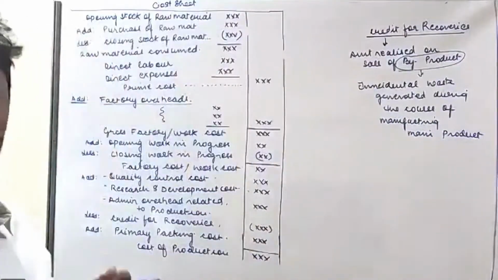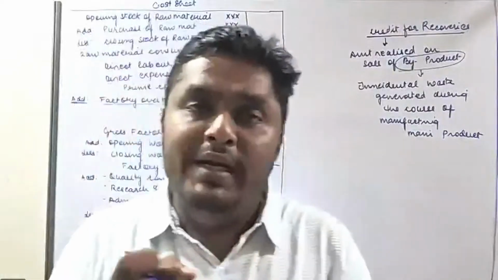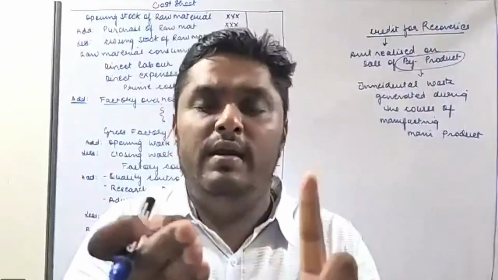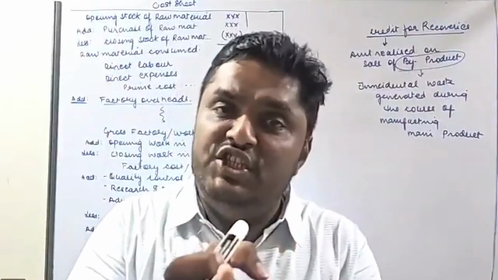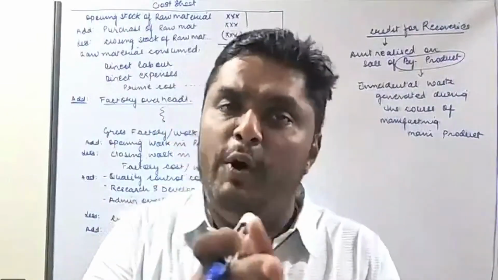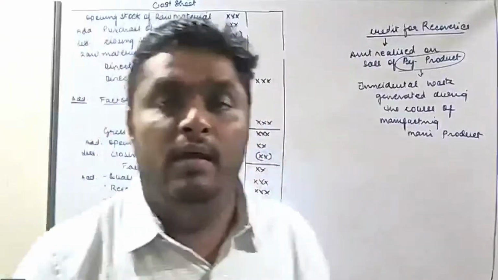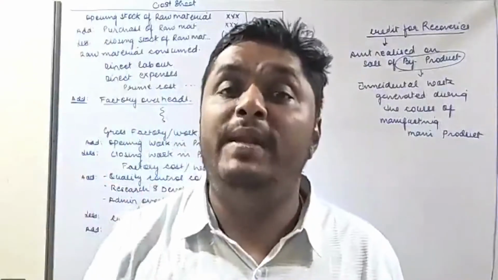So this is all about credit for recoveries. Quality control cost done, research and development cost done. Thereafter, administration overhead related to production, the third point, is done. The fourth point is credit for recovery. That is done. Now, the next is primary packing cost.